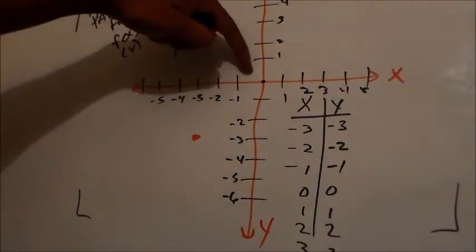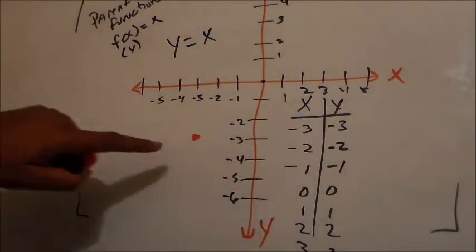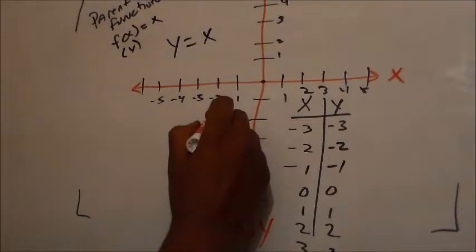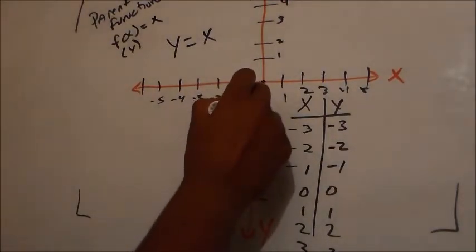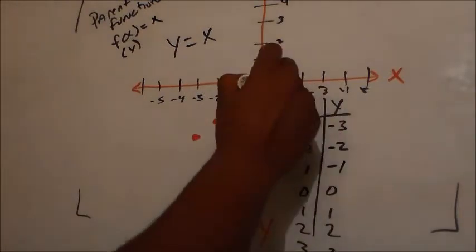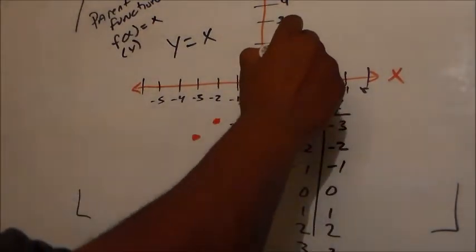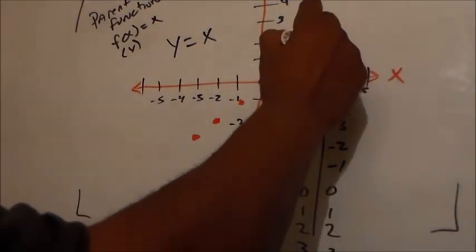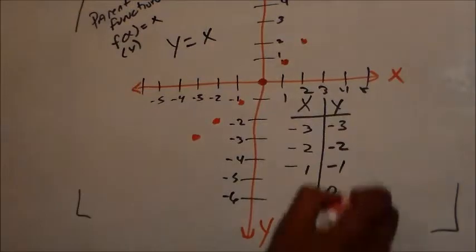Negative 2, we go negative 2 on the x-axis, we go down negative 2 because that's our entry. Then we should wind up here. Negative 1 here, 0, 0, the origin, 1, 1 here, 2, 2 here, and 3, 3 here.